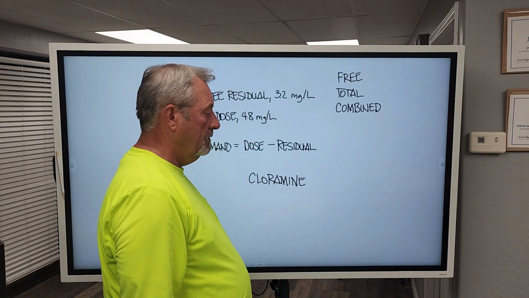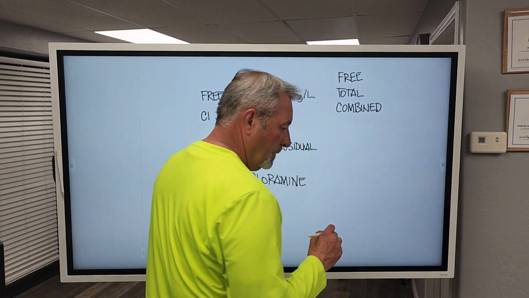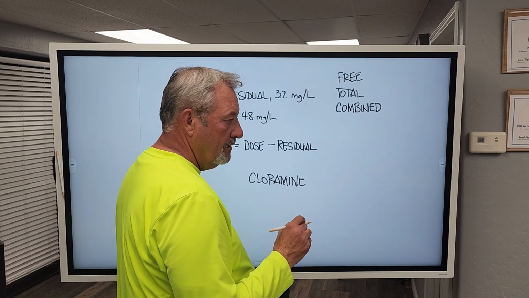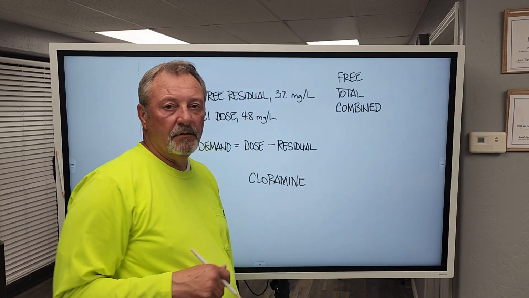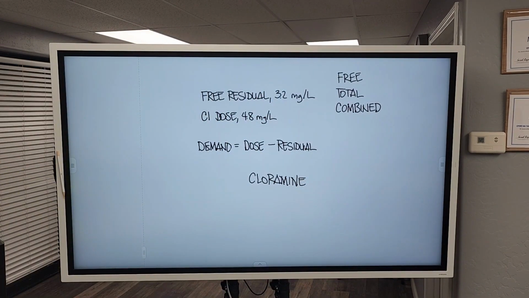A chloramine is also known as a... what is the term? I'm messing up so big right now. Let's stop this and start over. I'm sorry, guys. I had it.